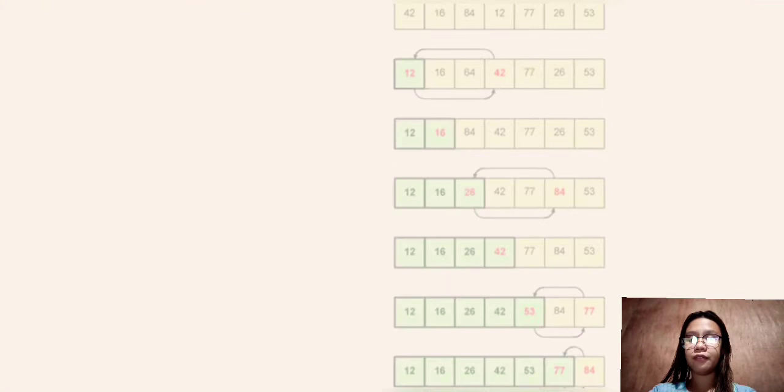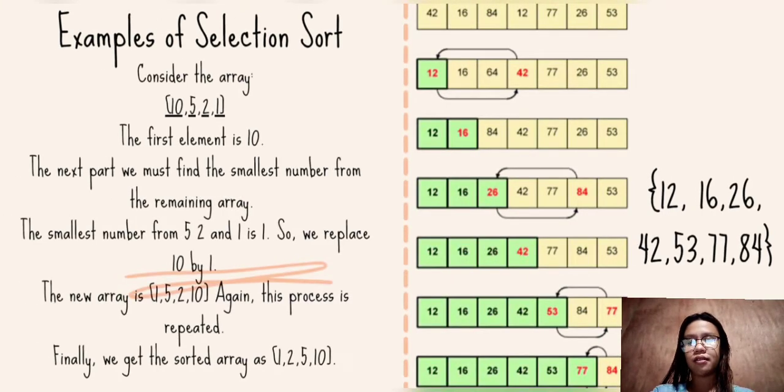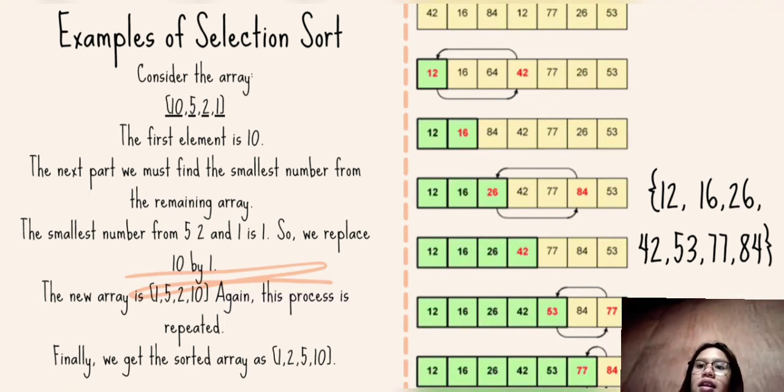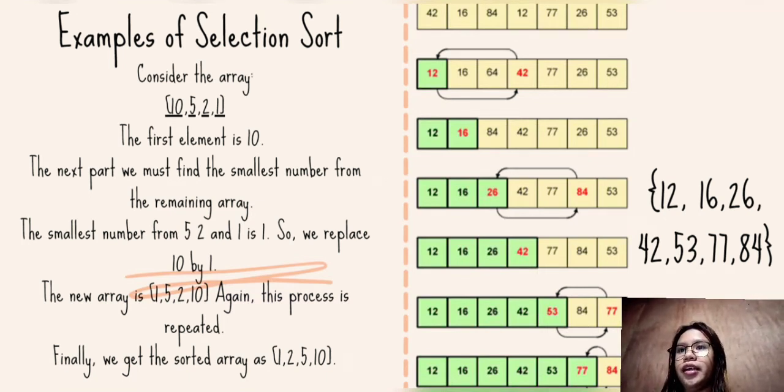So we have two examples here in selection sort. First, consider the array as 10, 5, 2, 1. This is the unsorted given.